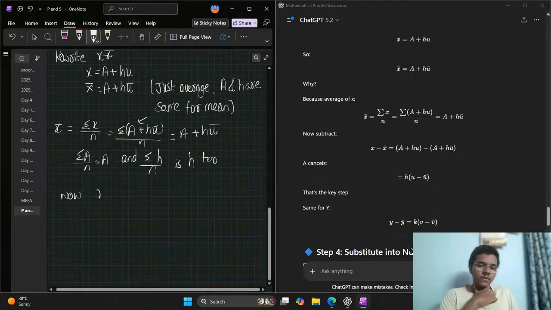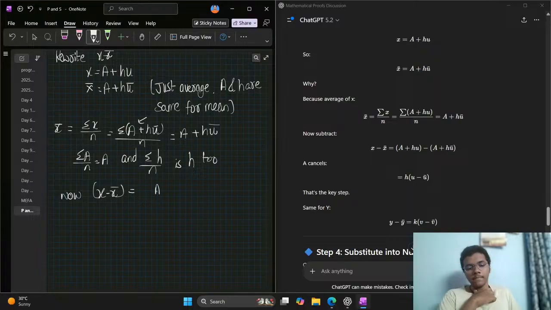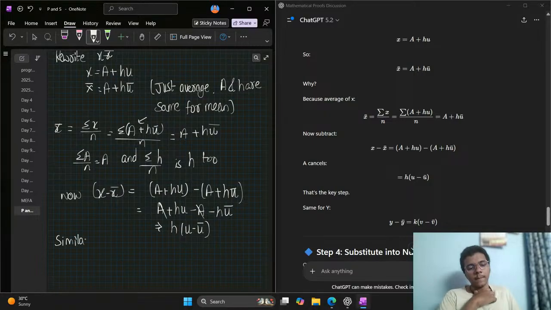Now x minus x bar will be what? a plus hu minus (a plus h u bar). So a plus hu minus a minus h u bar, a gets cancelled out. h into (u minus u bar). Similarly, y minus y bar is equal to k into (v minus v bar).